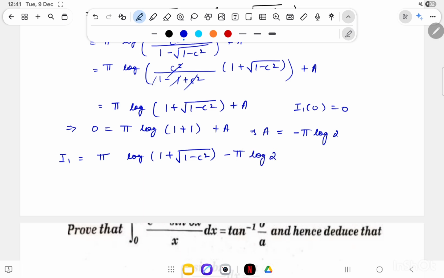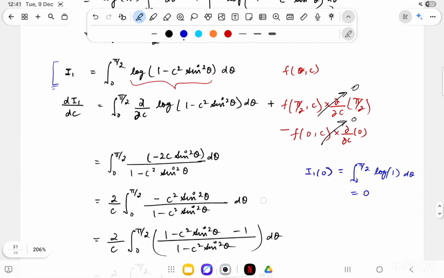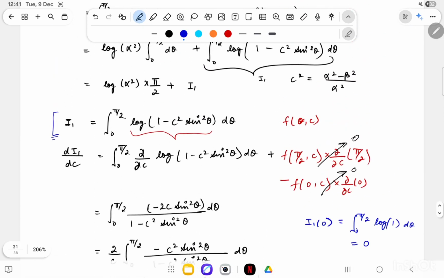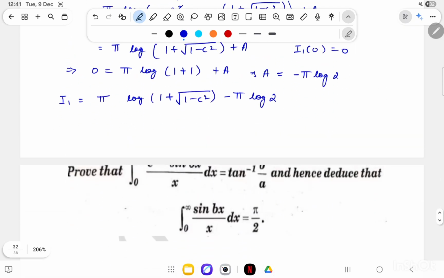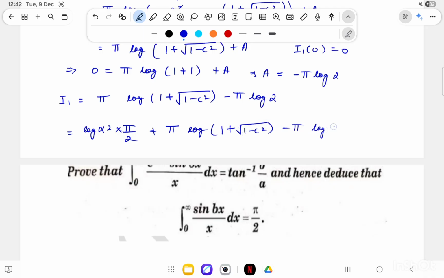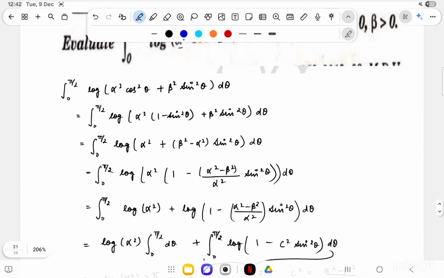This is our I1, but our actual integration value is I1 plus log alpha square times π by 2. So that will be equal to log alpha square times π by 2 plus π log 1 plus square root of 1 minus c square minus π log 2. This is the actual value of the integration that we were supposed to evaluate.